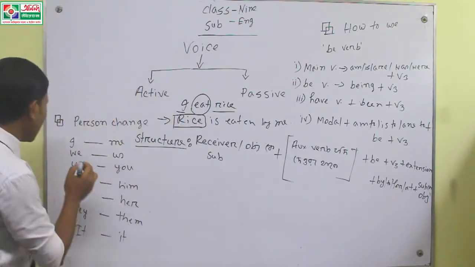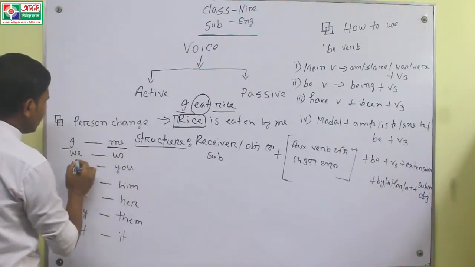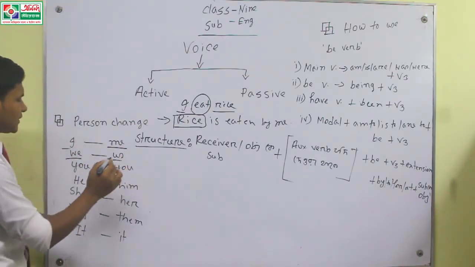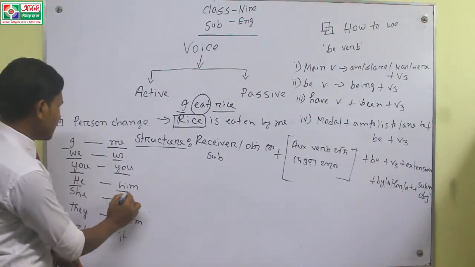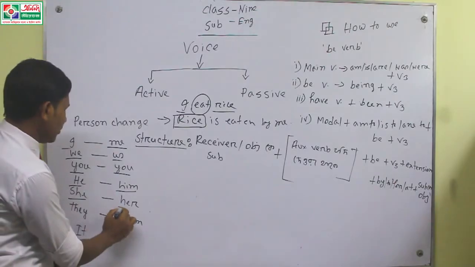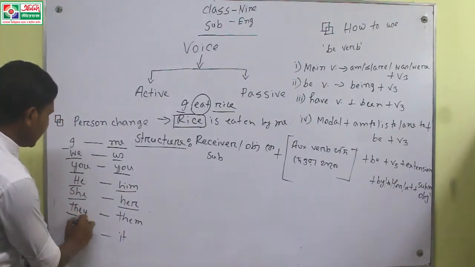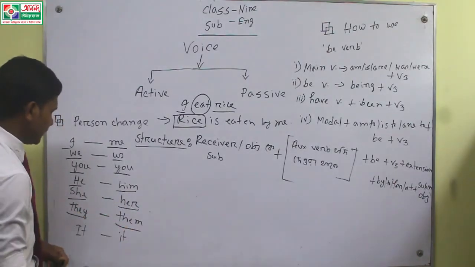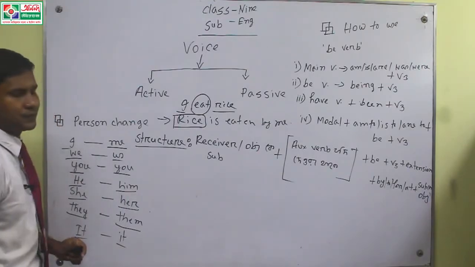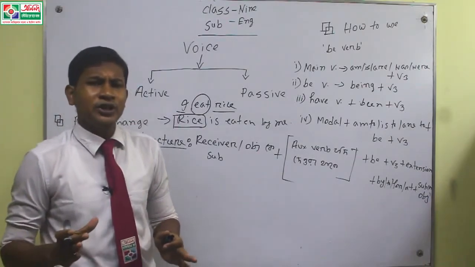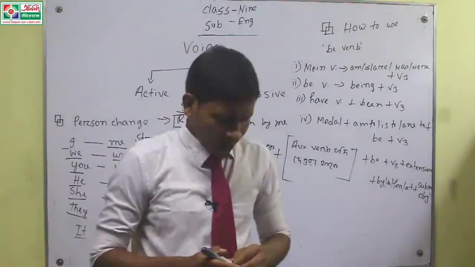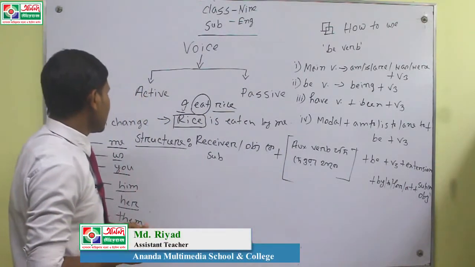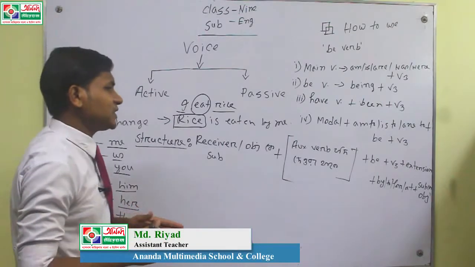For example, I in objective form is me, we is us, you is you, he is him, she is her, they is them, it. In this way, we can change the person in passive voice. Do you understand?